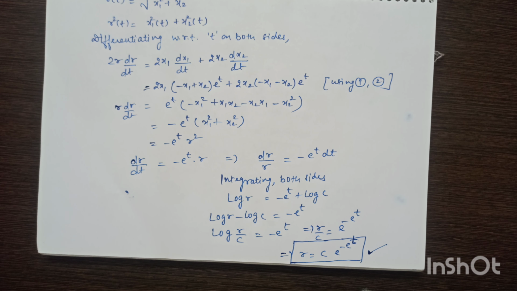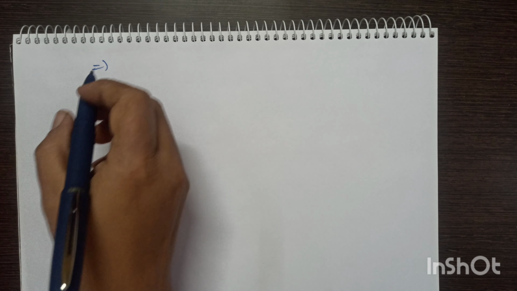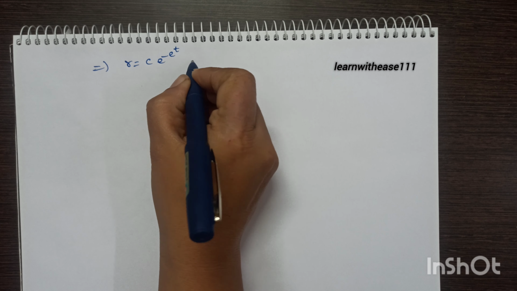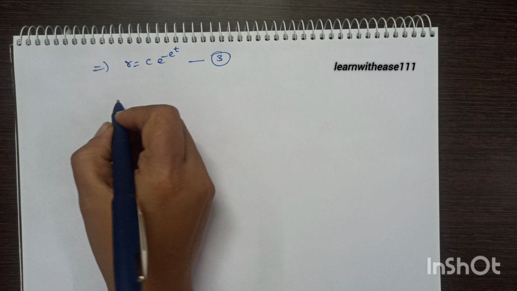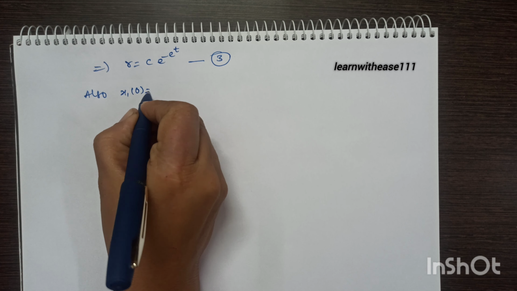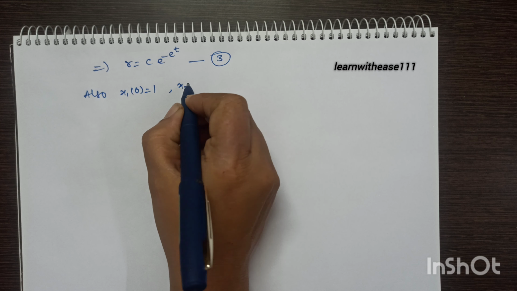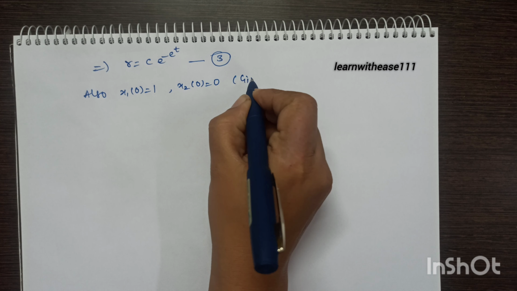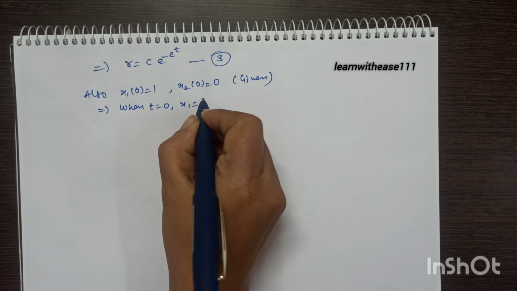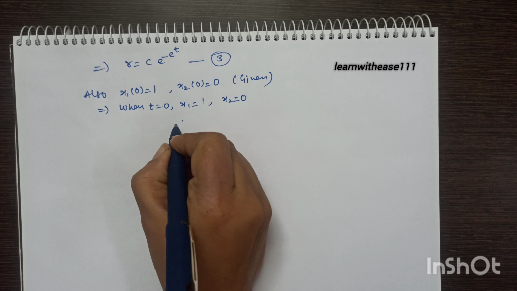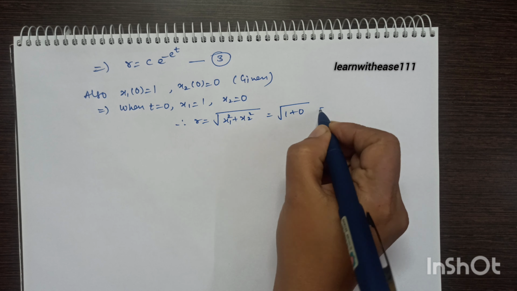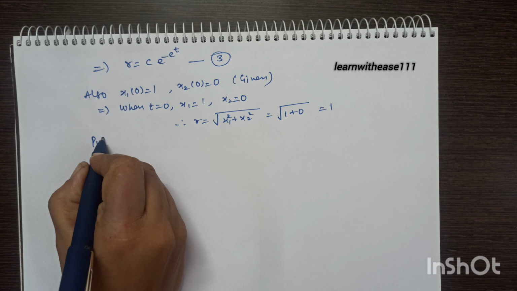Now we'll find the value of c using initial conditions. Initial conditions are given as x1 at 0 is 1 and x2 at 0 is 0. So substituting these values, when t is 0, x1 is 1 and x2 is 0, and r will be the square root of x1 square plus x2 square, it's 1.